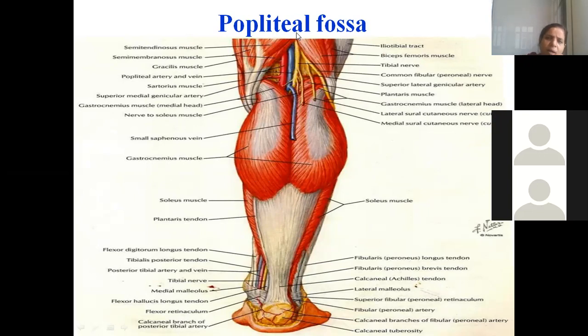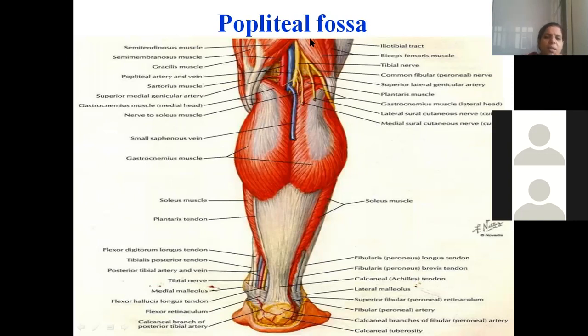and the sciatic nerve has divided here into two. This one is the tibial nerve, and the other one is the common peroneal nerve. Apart from that we have cutaneous branches, the medial and lateral sural cutaneous. If you remember, we have seen the course of the femoral artery.